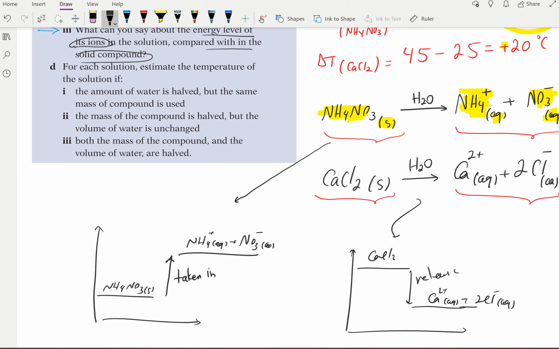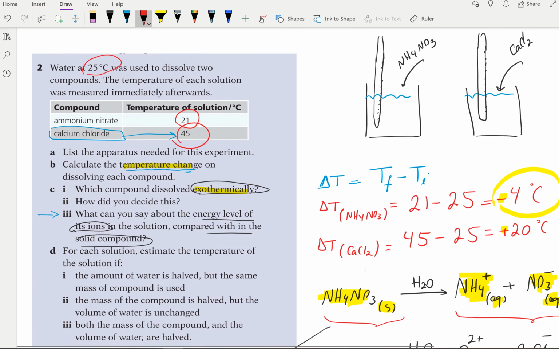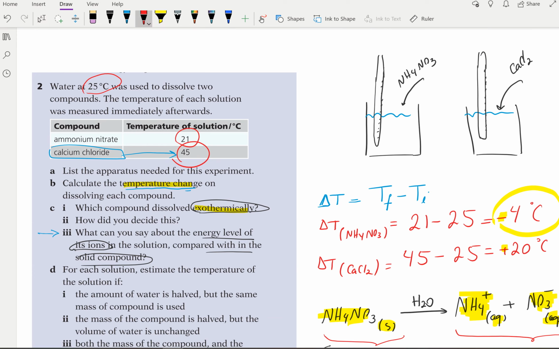Part D of this question, for each solution estimate the temperature of the solution if the amount of the water is halved, but the same mass of the compound is used. So here, if we are adding the NH4NO3 to the water, but the level of the water is half of this one, what happens to the temperature of the water?